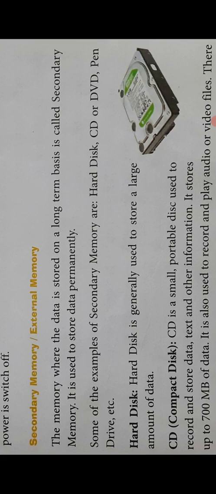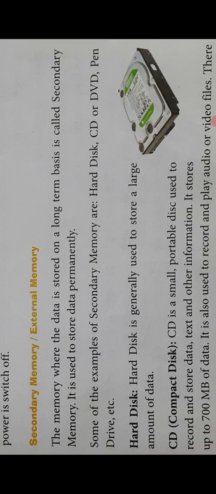Some examples of secondary memory are hard disk, CD, DVD and pen drive, where we can store data on a long-term basis and store the data permanently.